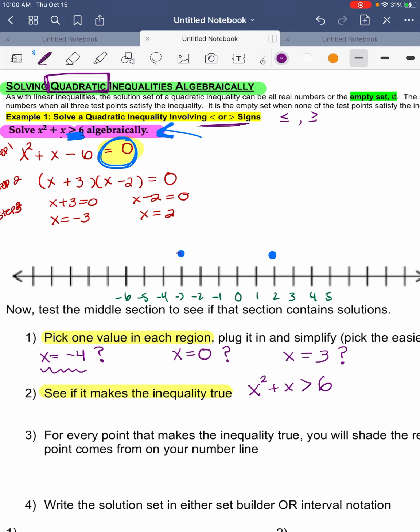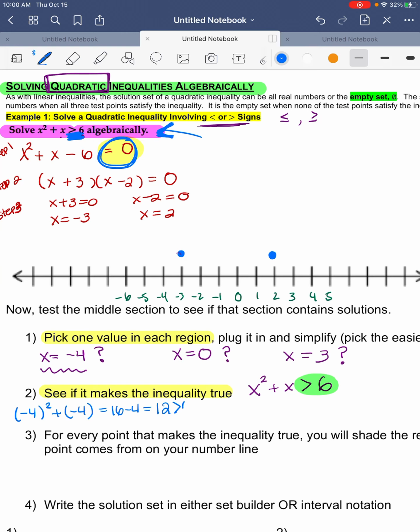So I'm going to use the first number, which is -4. I'm going to just substitute it. -4 squared plus -4. I want to see if that is greater than 6. -4 squared is 16. 16 minus 4 is 12.